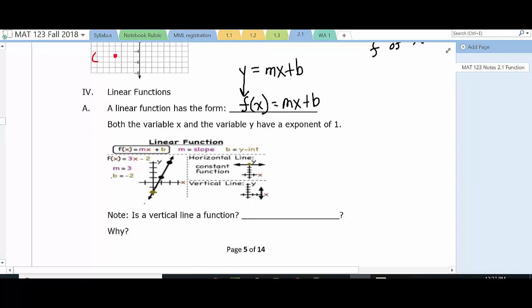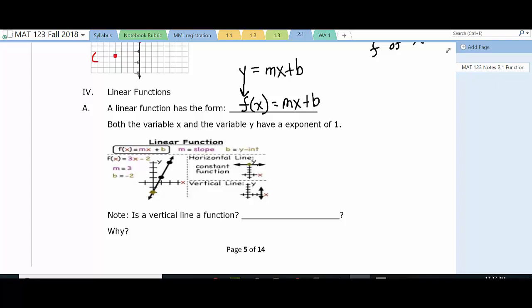So the question on this is, is a vertical line a function? Well, a linear function would work like this. If it slopes up, that's a function, because it passes the vertical line test. What if it's horizontal? Is that a function? Yeah. How about if it's vertical? No, because if you took a vertical line, it would go through every single point.